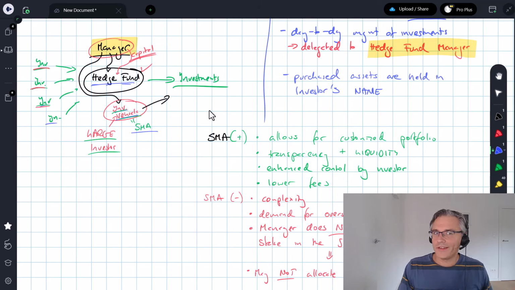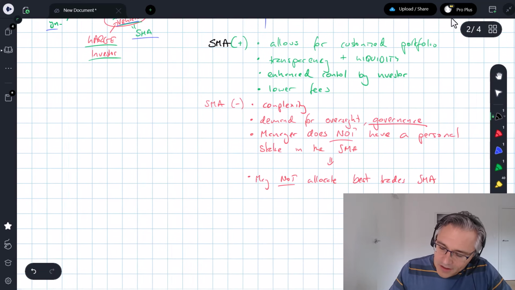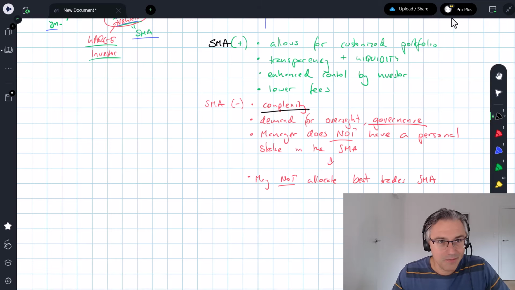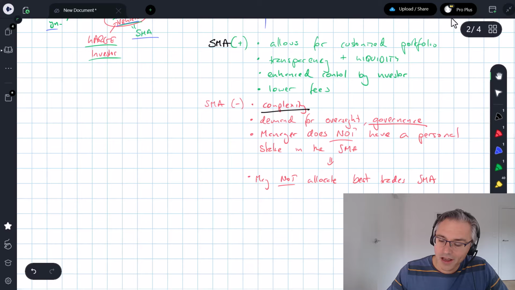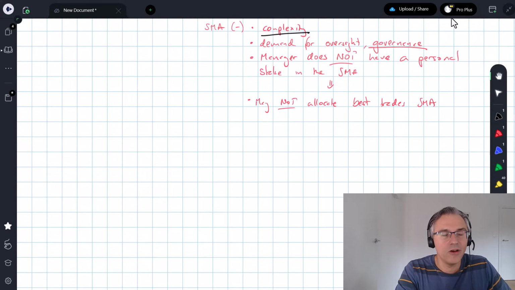So leaving certain potentially good, profitable investments out of the SMA. So this is where the complexity aspect, the oversight aspect and the governance aspect come into play. You'll have lower fees typically in an SMA, but potentially there's less motivation for the manager to act in the best interest of that large investor who owns the separately managed account.